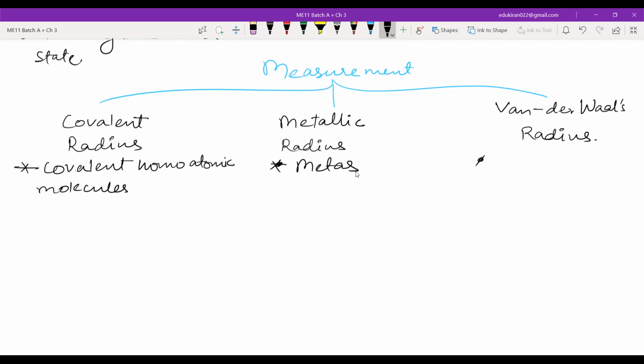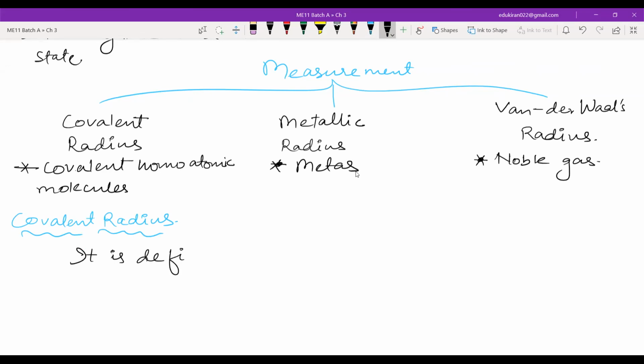The van der Waals radius is used for the noble gases, because noble gases don't react. So how will we determine that? We will look. First of all, write covalent radius. Write the definition for covalent radius with me.